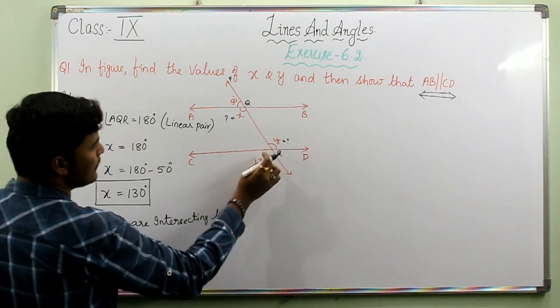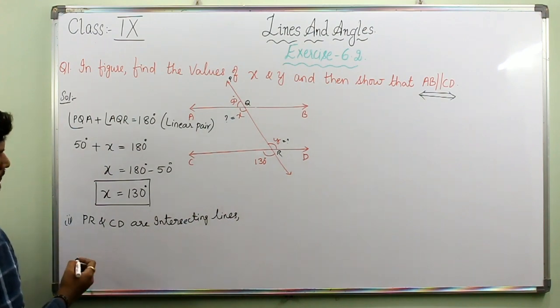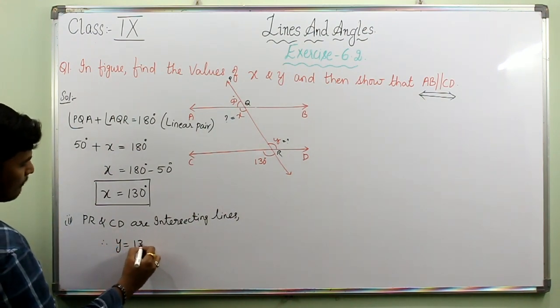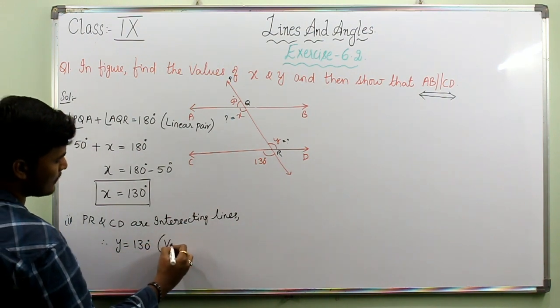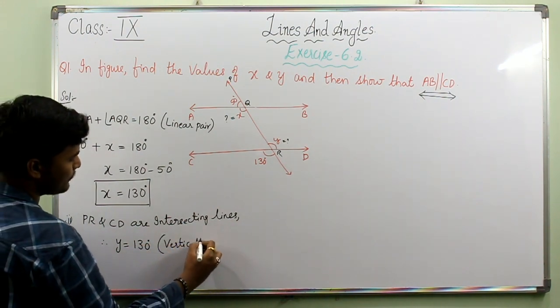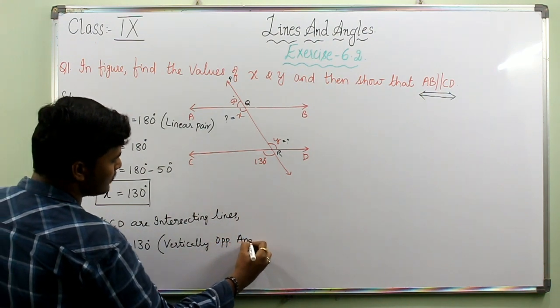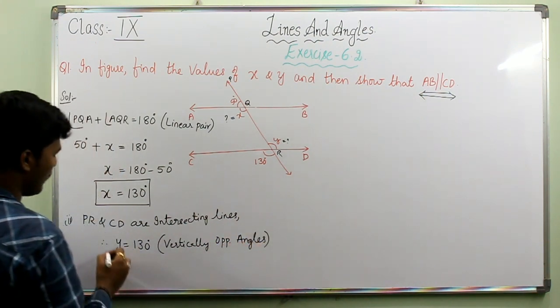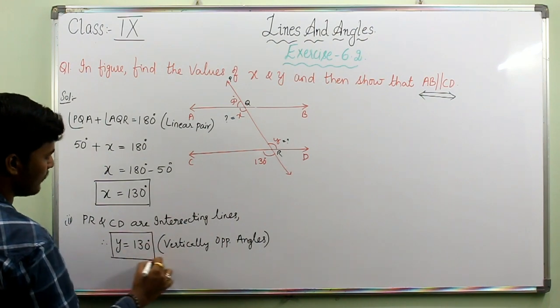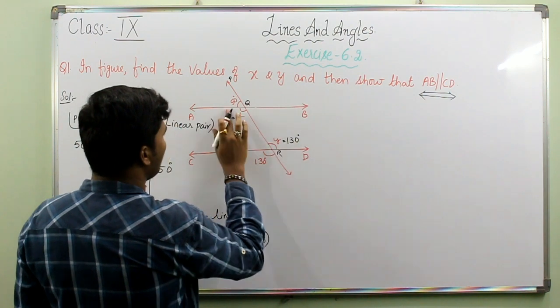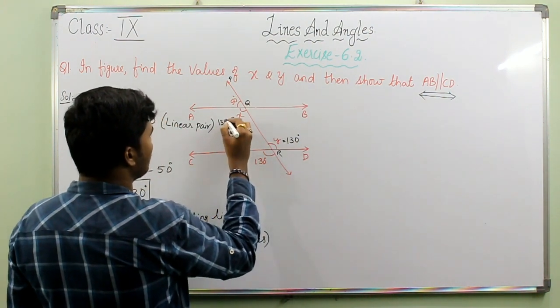This and this are vertically opposite angles. Therefore y is equal to 130, the reason being vertically opposite angles. Now we got x and y: x is 130 and y is also 130 degrees.